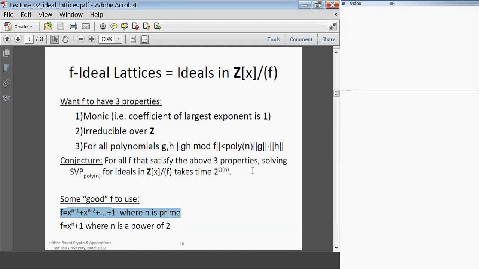So the case of prime and the case of 2 to the power of n are very similar to what we've seen in regular number theory and elliptic curve cryptography. Those are the two types of polynomials. And we'll explain in later lectures which ones are most appealing and why we use them. So the choice of polynomials is extremely important.